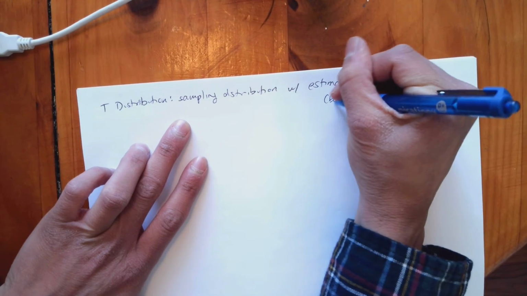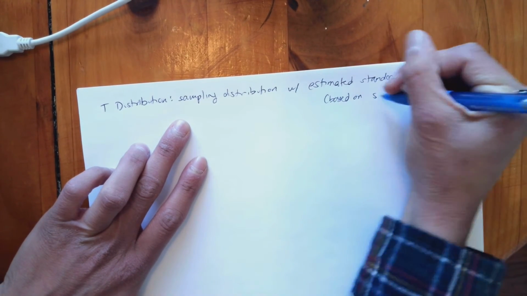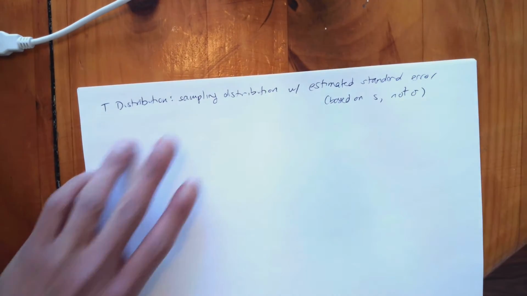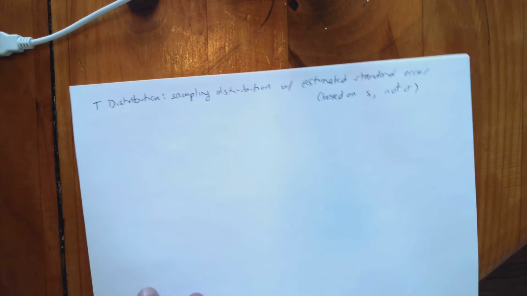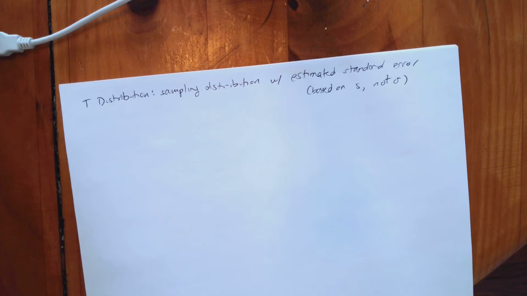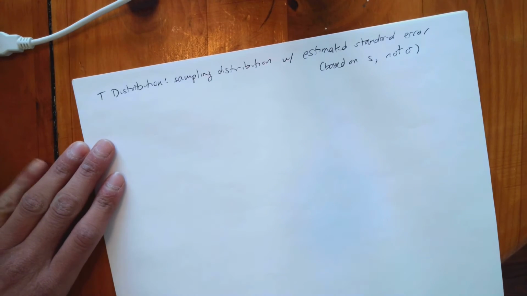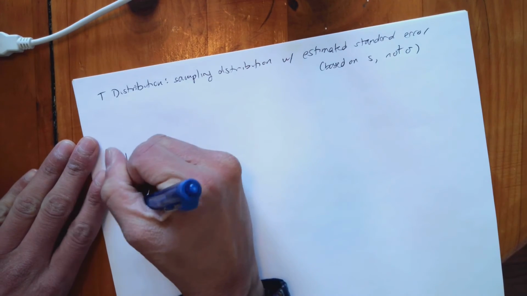So in other words, based on S and not sigma. When you're using only your sample standard deviation, you're using a t-distribution. And as long as you have a large sample size, it's the same as a normal distribution, so you can just use a normal distribution. But if it's not, it looks different.